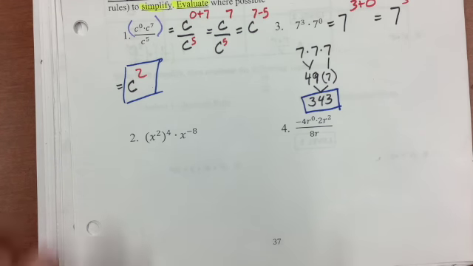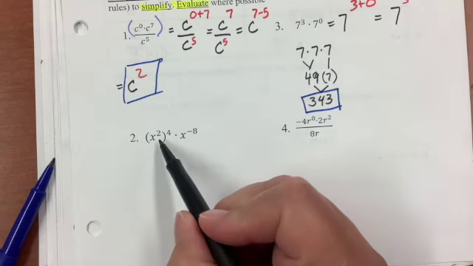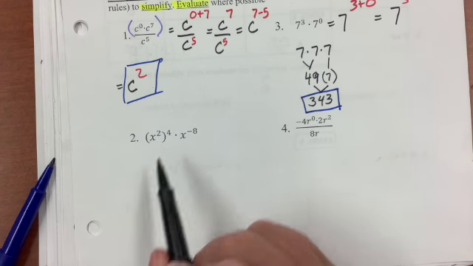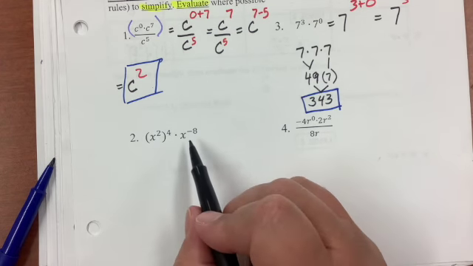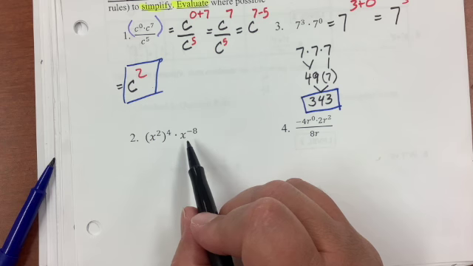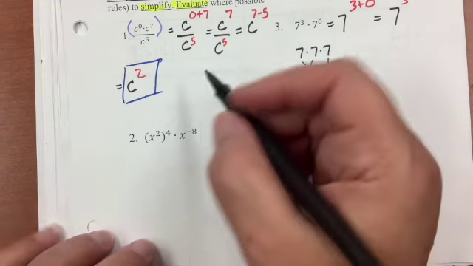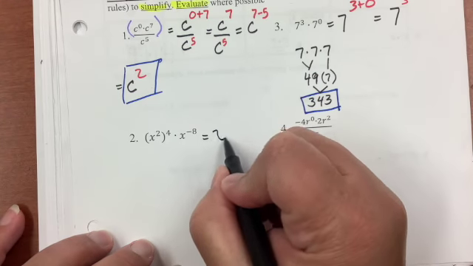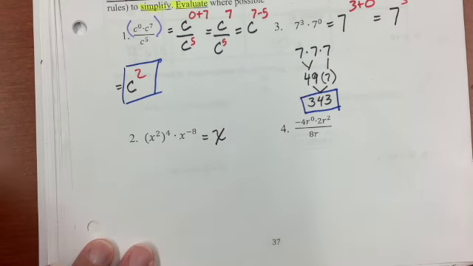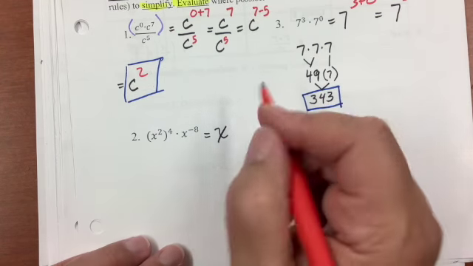Right. Down here, I'm using 2 different rules. I'm using the power rule to multiply exponents, and then I'm going to use the product rule and add my exponents. So keep the base, x, and now I'm going to multiply 2 times 4.